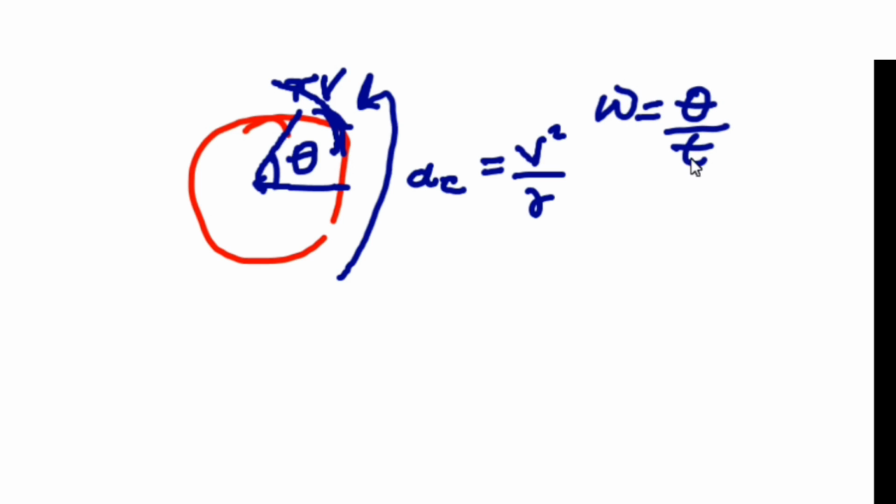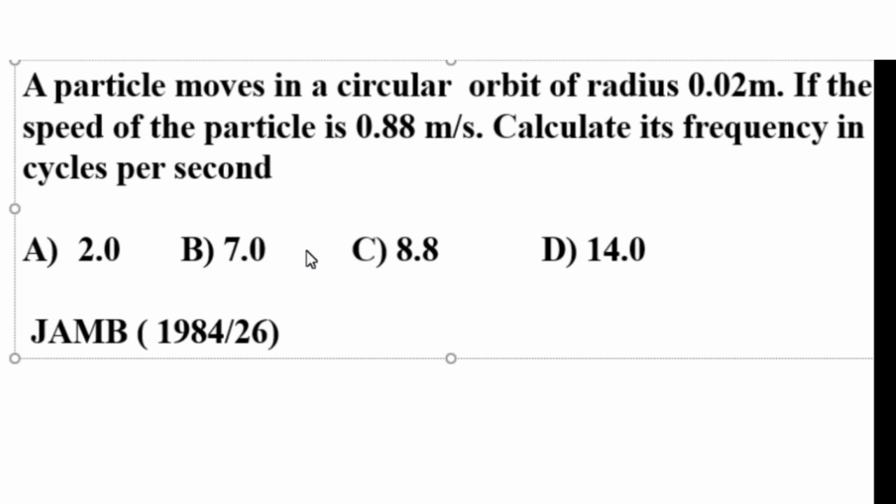So to find the angular velocity, we use theta over t, where theta is in radians. For instance, if we want to calculate the angular velocity for a complete cycle, the angular velocity omega will be 2 pi upon t, where t is the period. So when we want to calculate the angular velocity around a circle, we use 2 pi upon t.